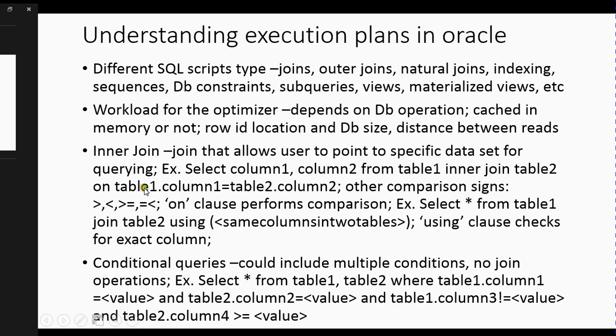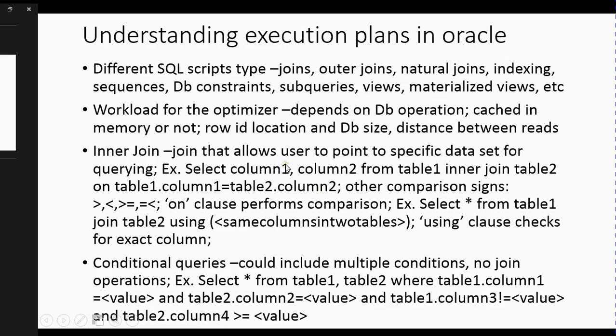This query, the on clause, might need to be configured. Let me see if this is right. I think this should have been a star here. It's better to just have a select star because you're never sure what columns you're going to be retrieving.